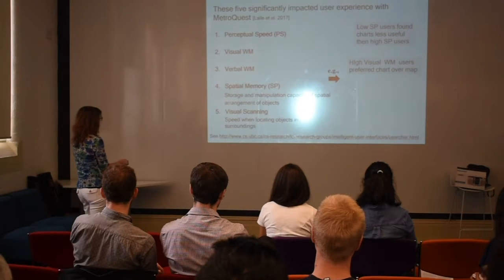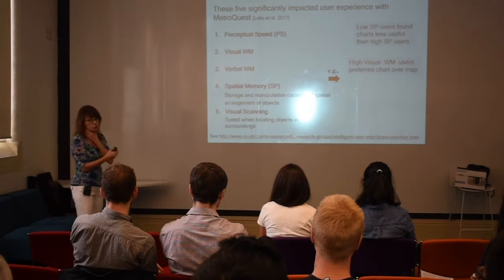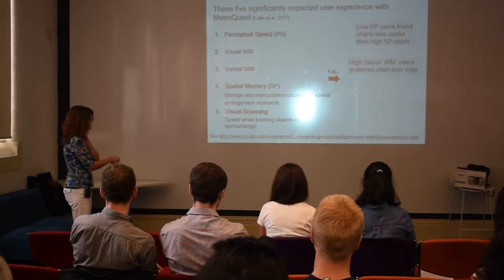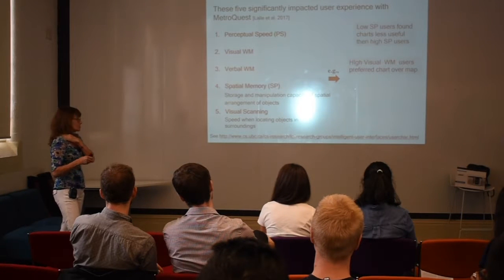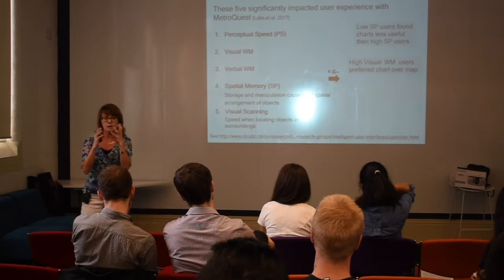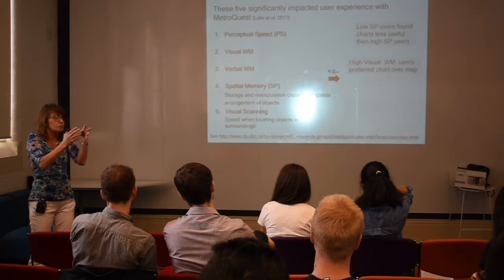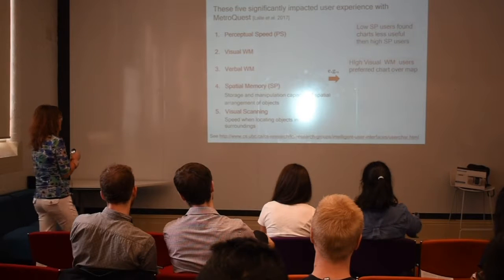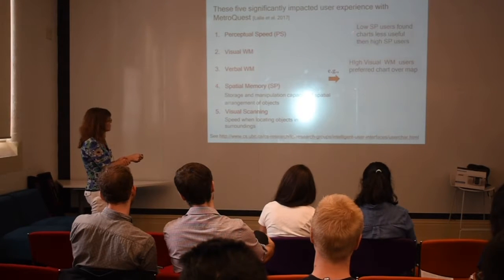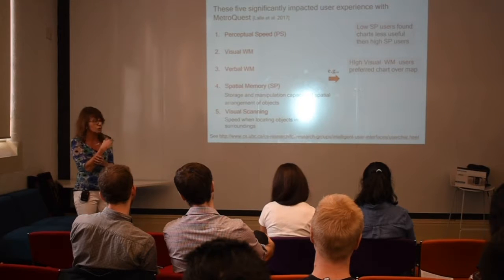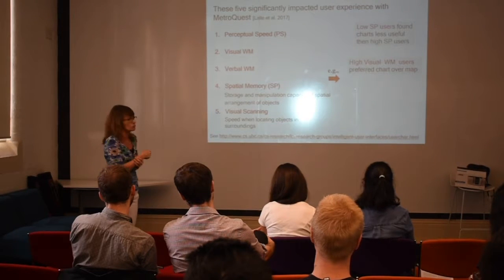Spatial memory is a measure that gives the capacity for storing and manipulating spatial arrangements of objects. And visual scanning is a specific measure of one's ability and speed in locating objects in a defined surrounding. What we found is that all of them had an impact. I'm just going to list two related to spatial memory and visual memory.